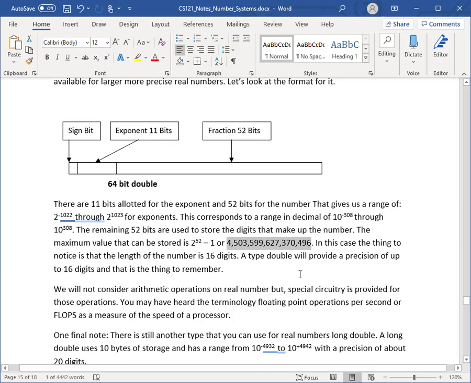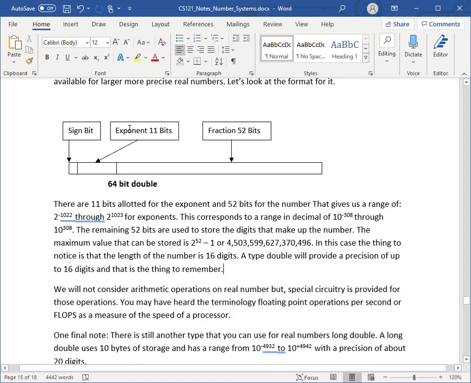Once again, the important thing is the precision, the number of digits we have. So we have 3, 6, 9, 12, 13, 14, 15. We have a total of 16 numbers that we can put in here accurately. So that is the maximum accuracy. Compared to a float, we have twice the accuracy in a double. The exponent can also be much larger.